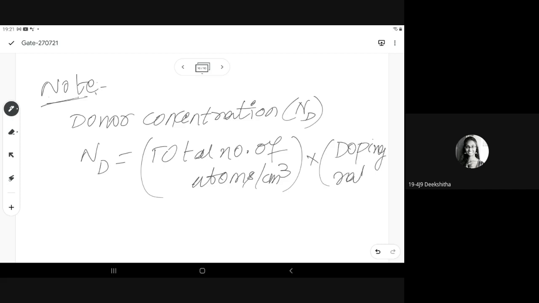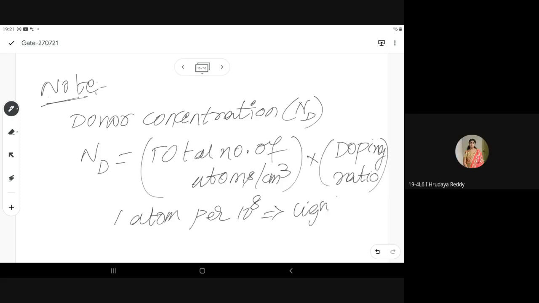The doping ratio we have already told in the last class. What is the doping ratio for semiconductors, conductors, and insulators? For lightly doped, medium doped, and heavily doped diodes, what is the doping ratio? One atom per 10 power 8 intrinsic atoms is lightly doped.